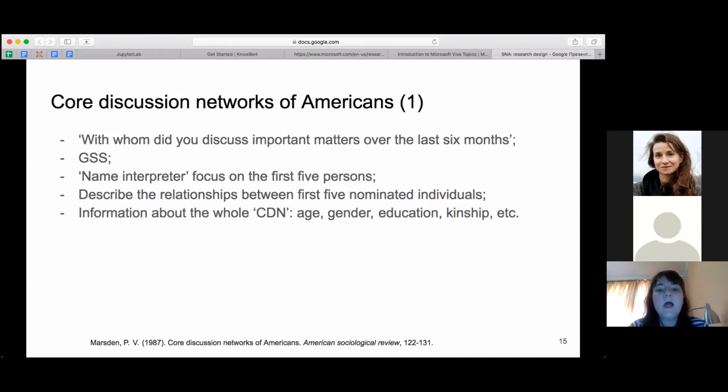He should also provide information about the whole CDN. For each nominated individual, he should give age, gender, education, and kinship. For example, if you nominate your mother, your father or your daughter, you should say that this is a kin relationship. Otherwise, if you nominate your lawyer, you can say that it is not kin to me.